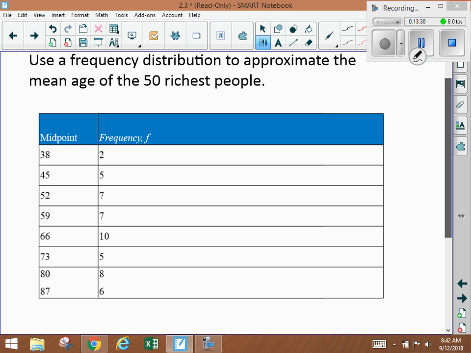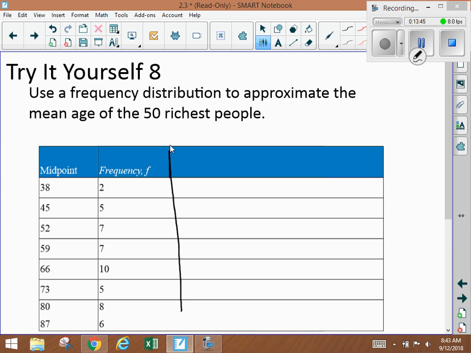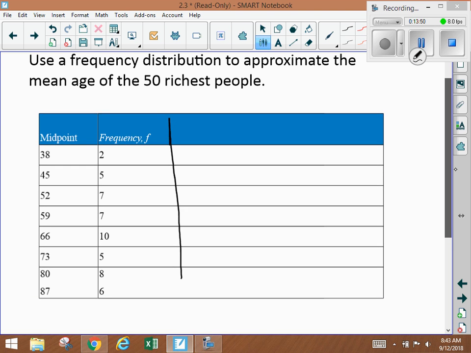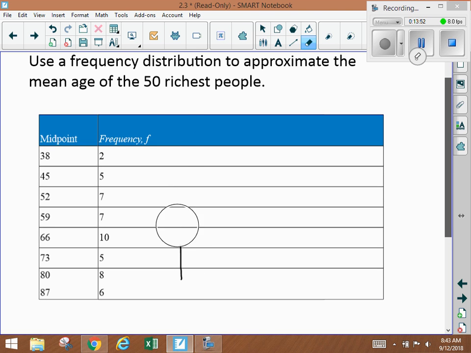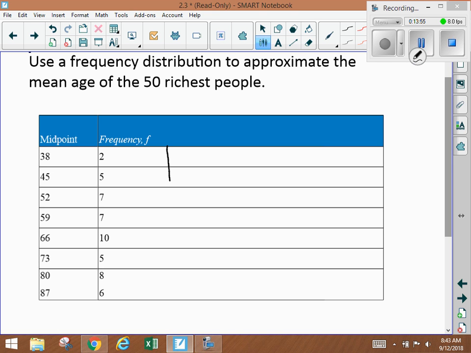We were already given the midpoints, so we don't need to find those. So first, we're going to multiply.